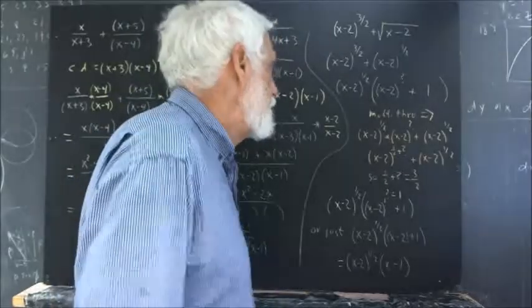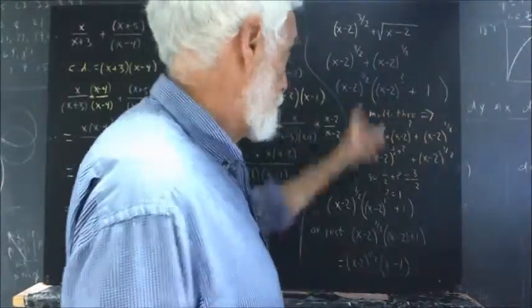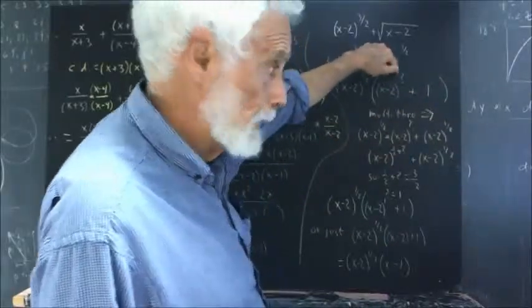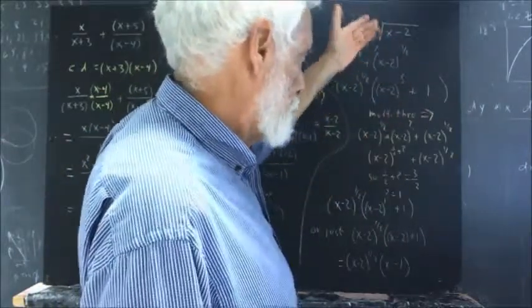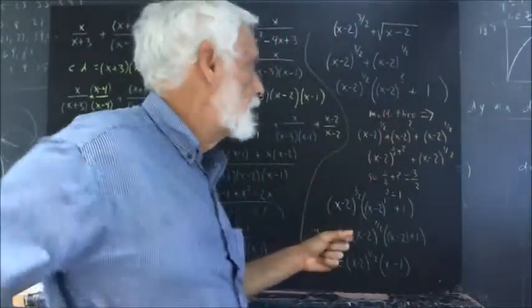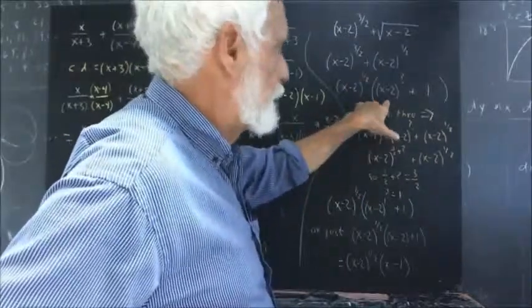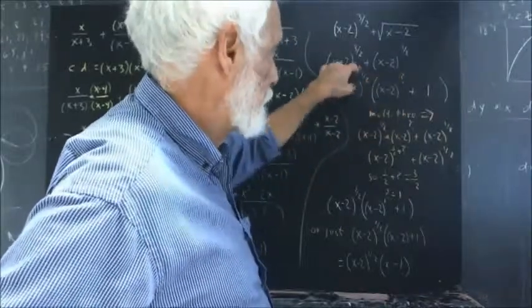Okay. Now, if we multiply through by the x minus 2 to the 1/2 here, and I'm going to put a question mark up here. What's the power of x minus 2 that goes here? Okay, now, that's a question mark. Nobody seems to know. Okay, so if I multiply this through by the x minus 2 to the 1/2, the power of x minus 2 that we get here is going to be whatever this question mark is plus 1/2.